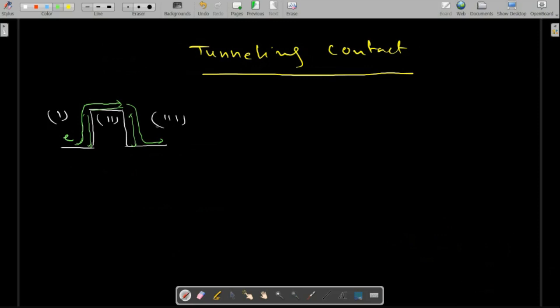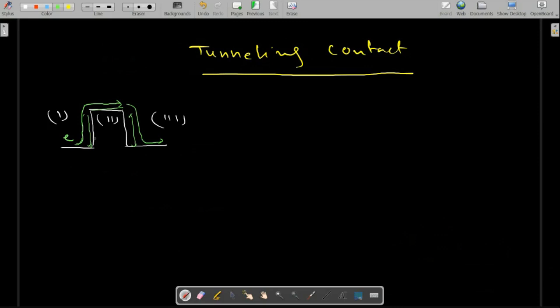As per classical mechanics, you cannot transfer the carrier without covering the potential barrier.